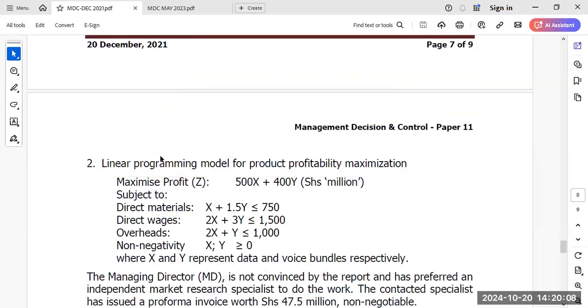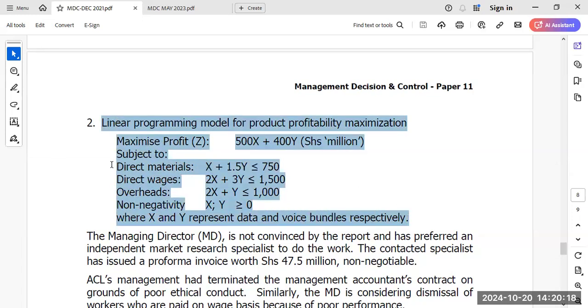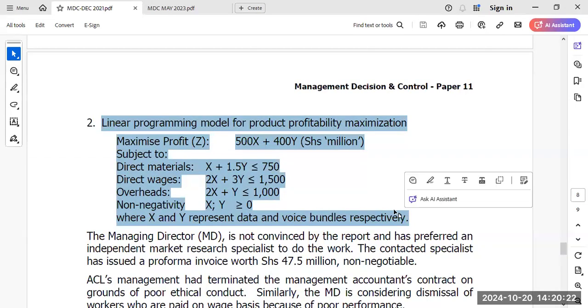For purposes of our question, when you observe the question, the paragraph that is going to help you to answer the question is this one, okay? Because already now you have the linear programming model. You don't need to again formulate the linear programming model. Already you have the model.